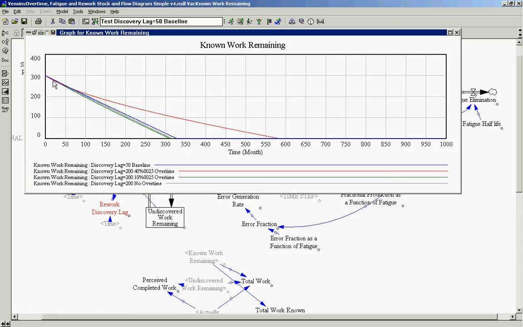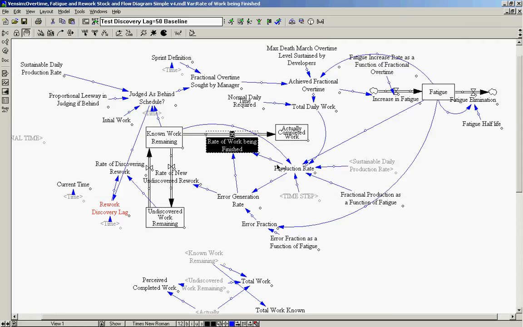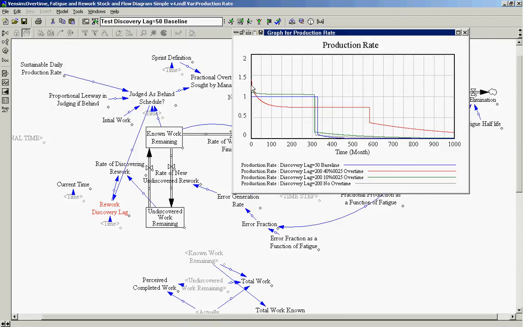and you might expect that it gets done very steadily. The problem is, and blue is the baseline here, the problem is if you start demanding a lot of overtime, for example, you end up having a situation where the amount of work is drained much less quickly because the production rate is actually significantly lower than it otherwise would have been. You have this initial spike of productivity associated with longer hours, and then it drains down below the normal production rate.